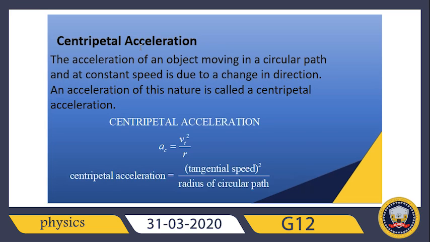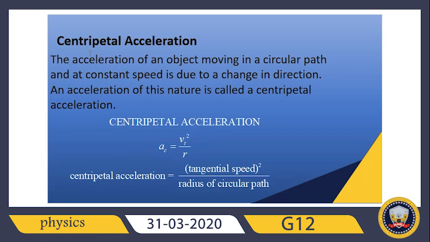Now we have two types of acceleration. The first one is centripetal acceleration, which equals v squared divided by r, the radius.